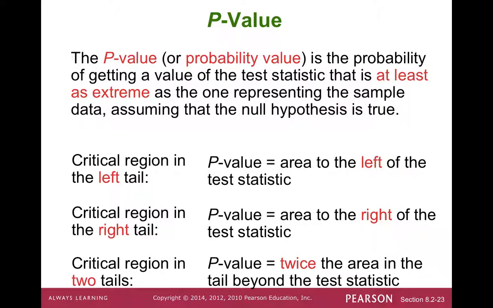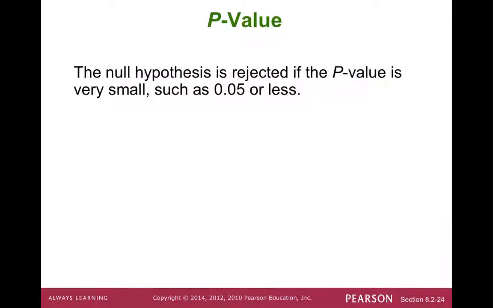For a right-tailed test, it would be the area to the right of that test statistic. And for a two-tailed test, it would be twice the area in the tail beyond the test statistic. And you're going to see what this means momentarily. Basically you're going to have this p-value. It'll make more sense if we do an example.